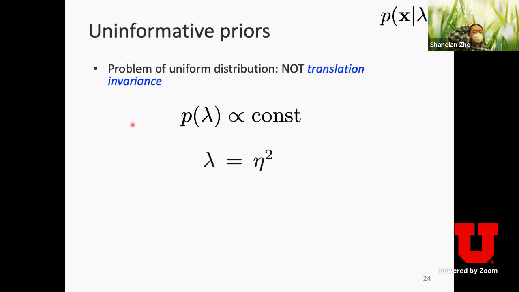As we discussed in the last lecture, if you pick any random variable lambda, we assign an improper uniform prior to it. That means P of lambda is proportional to a constant.